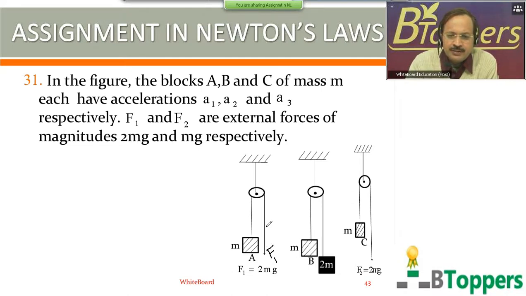So as I discussed earlier in the beginning of connecting bodies, if the mass of the string is negligible compared to the mass of the block, then the magnitude of tension will be the same at all points of a particular string. So in the first case, the magnitude of the tensional force at any point of the string will be equal to F1.